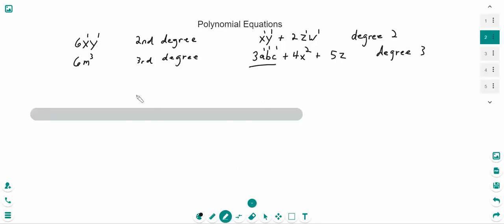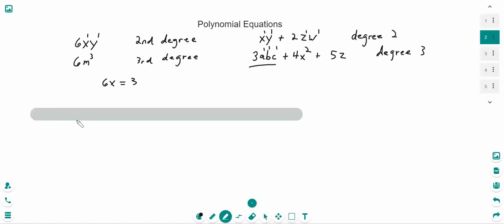Okay. All right, so we're just doing that as a little bit of a review to make sure that we've got that down so that we can then understand polynomial equations. So if we're talking about polynomial equations, we've done many polynomial equations up to this point. This would be considered a polynomial equation.